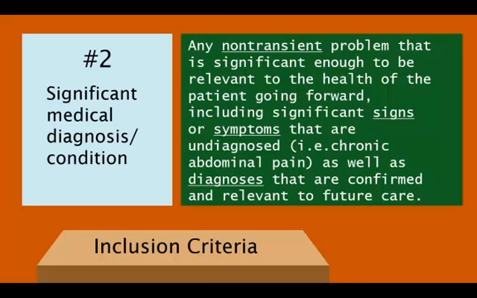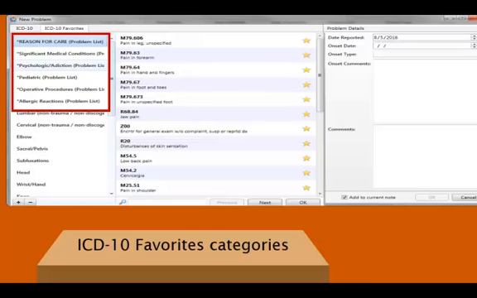This being the one with the most gray area. You will see in your ICD-10 favorites list a category for significant medical conditions, also psychological/addiction problems, and for pediatrics, there are some unique pediatric problems in there as well.